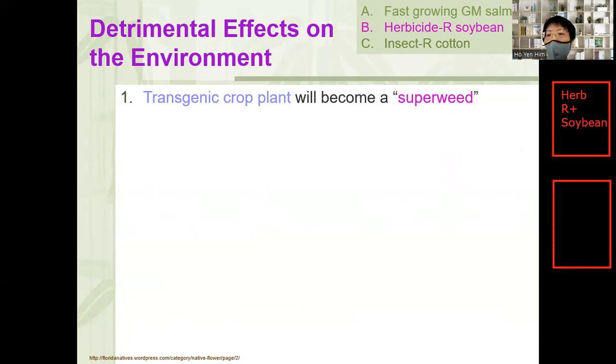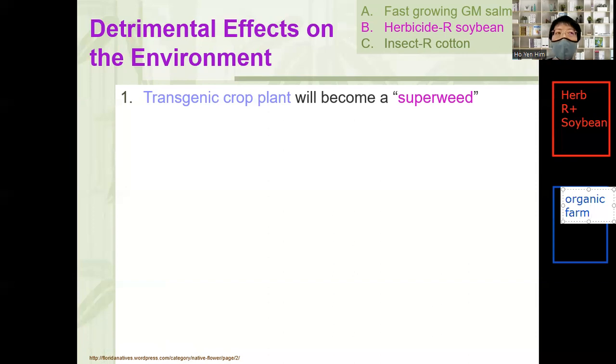Let's say nearby, there's this organic farm. Let's say, for example, Andrea owns this organic farm, happily growing all the food that is healthy for the body. But too bad, the neighboring field is growing herbicide-resistant soybean, which is actually considered as GMO. So this is GMO, beside organic farm.